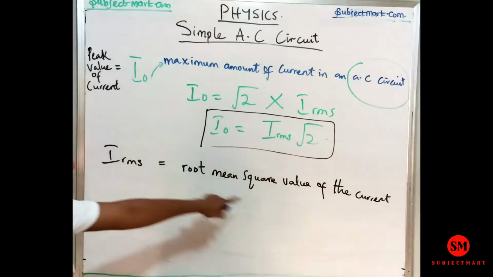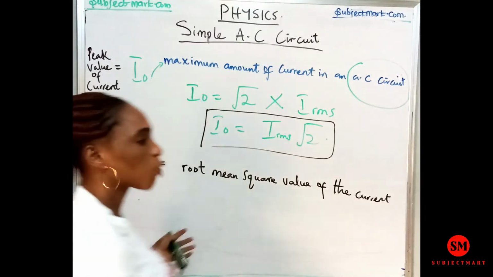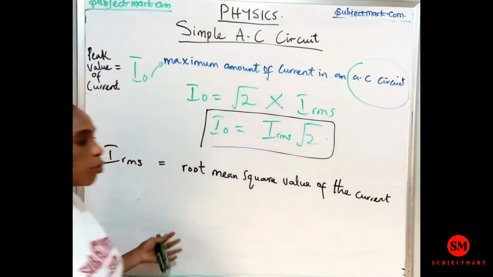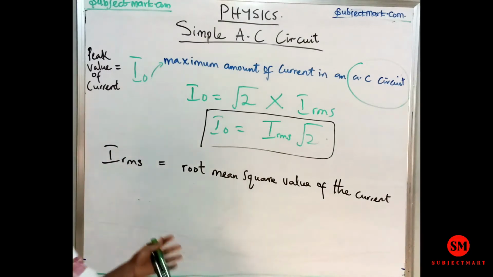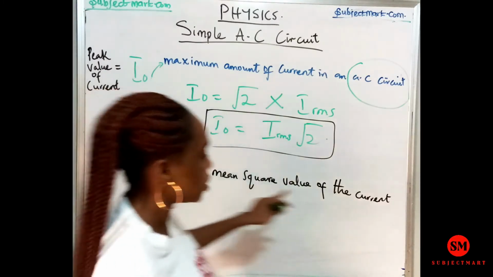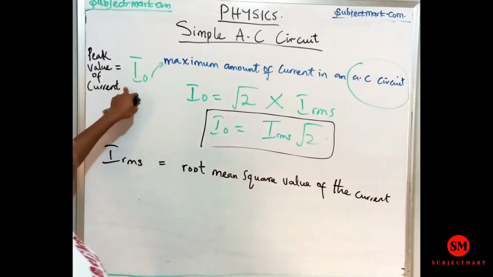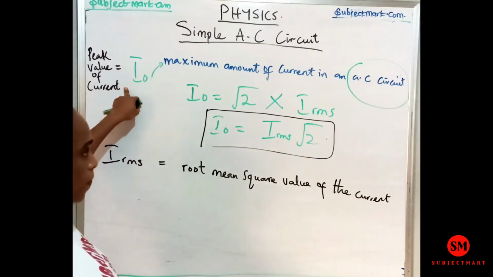So the root mean square value of the current in a DC circuit is the same current that produces the same heat effect, the same resistance in a DC circuit.